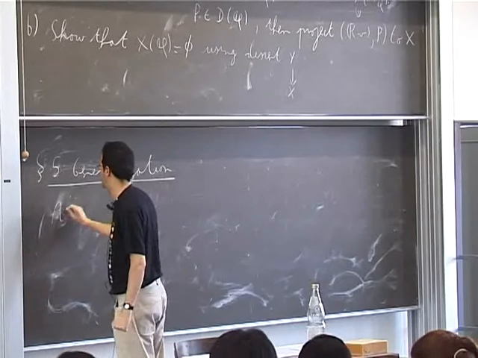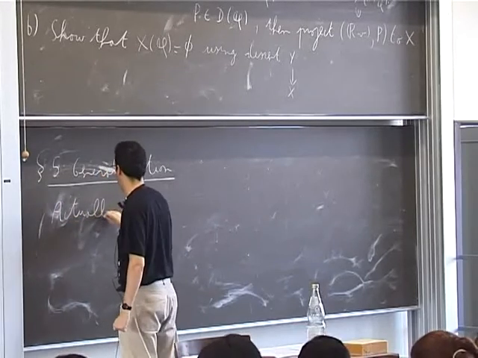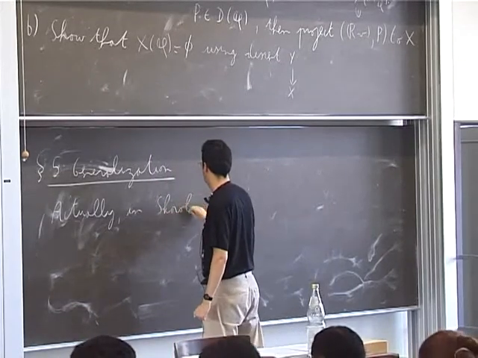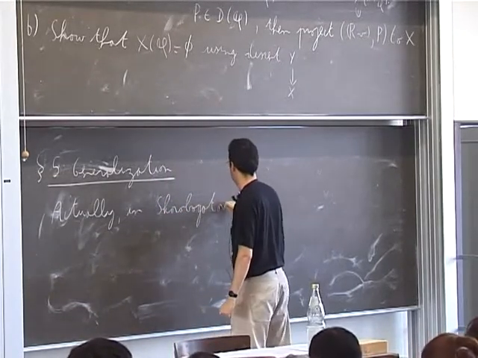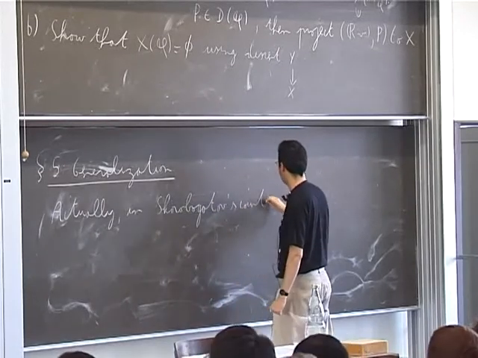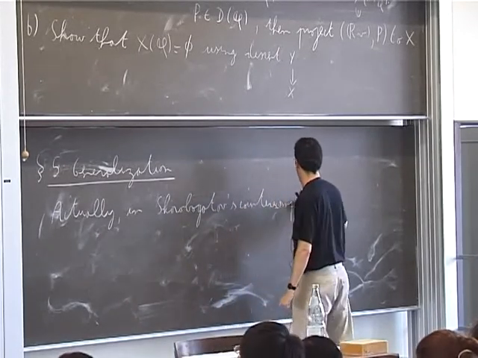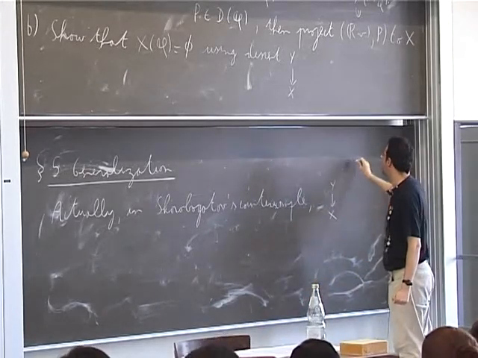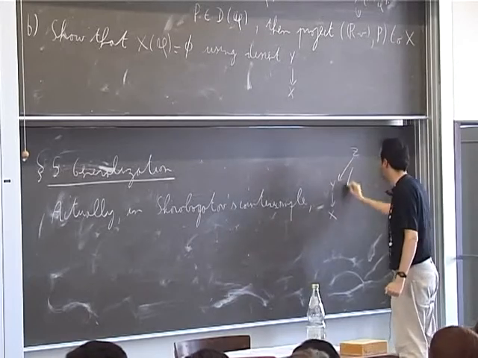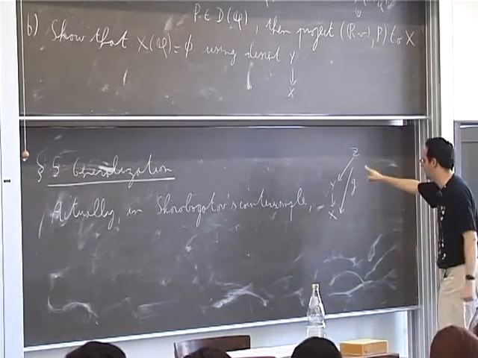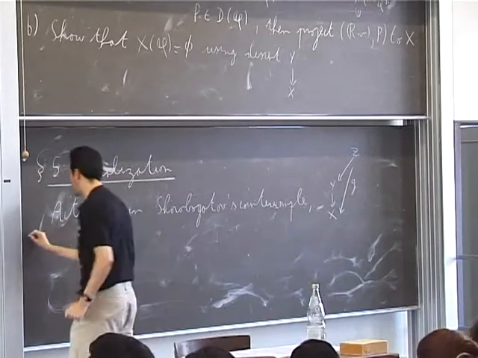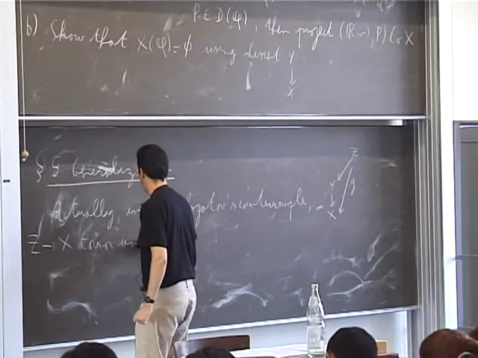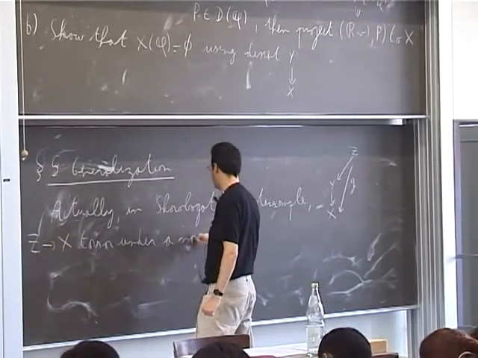So actually, in Skorobogatov's counterexample, what happens is that you have your X, you have your Y, and you have some other Z here with a G. So Z goes to X is a torsor under a non-abelian finite group.